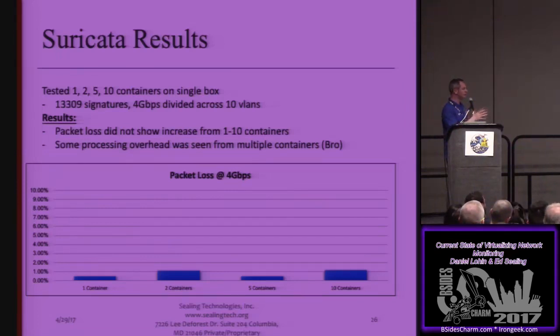We were trying to look at multi-tenancy, and we wanted to see, does spinning up more containers actually affect the packet loss or the amount of throughput? What we came back with, after certain tuning that you could do, is that it doesn't really affect it. So if you do this right, you can spin up 10 or more containers, and it's not going to affect your throughput at all.